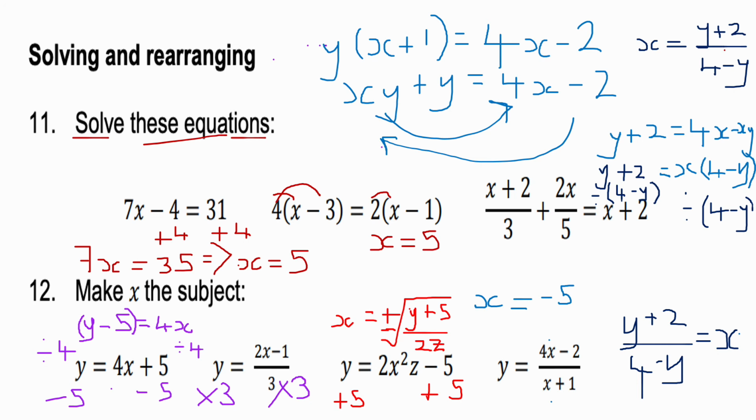You would solve this by multiplying by the denominator, expanding the brackets, bringing all of that letter terms to one side and all of the non-letter terms to the other side, factorizing that letter out, and then dividing through by the bracket. And that's how we solve the formula.